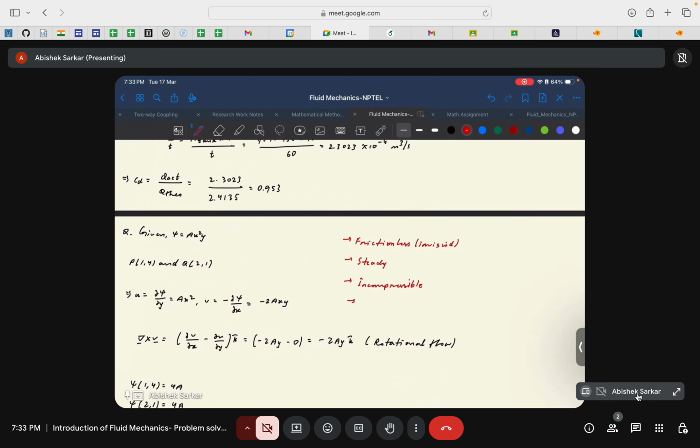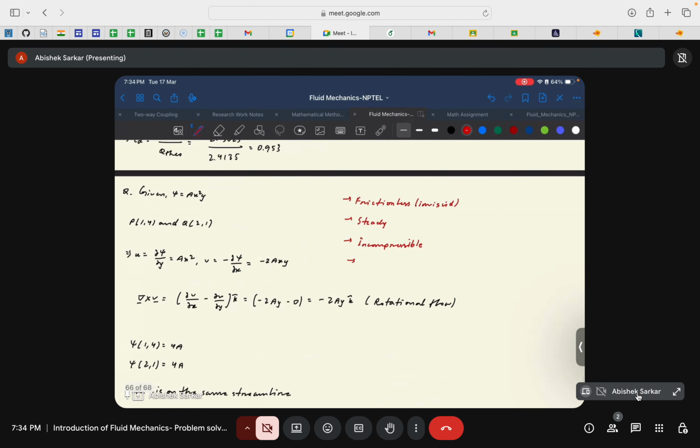Now to apply Bernoulli's equation, the other thing was that the 2 points at which we want to measure the pressure difference, or apply Bernoulli's equation, have to lie on the same streamline. If the 2 points are on the same streamline, the value of the stream function will be the same. So let us check whether these 2 points give the same value of stream function.